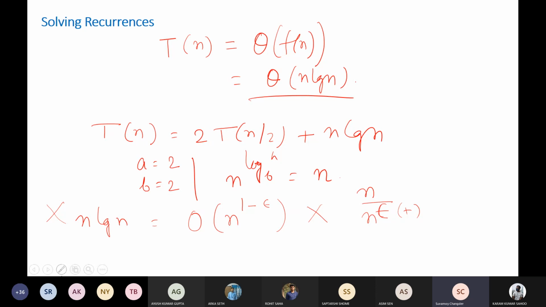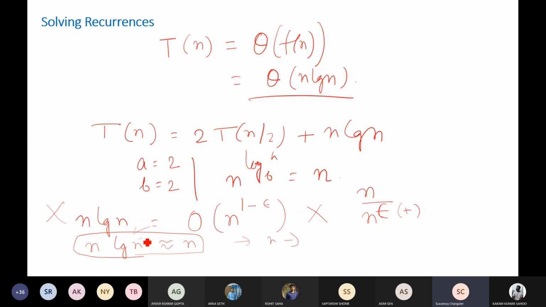Next, we can check whether n log n is equivalent to n or not. Never, because whenever n is increased, n log n, maybe the lower bound of n log n is n, but n log n is not equal to n, because this value will go on increasing.